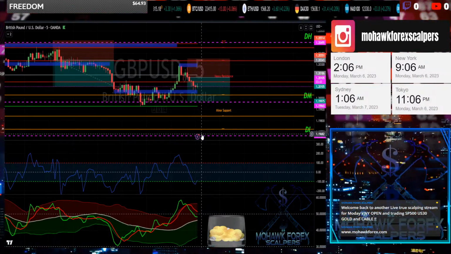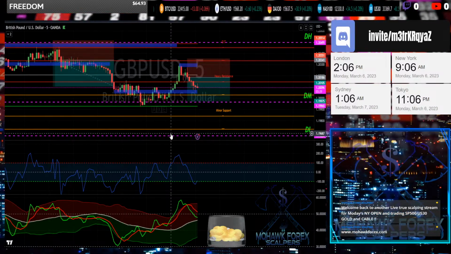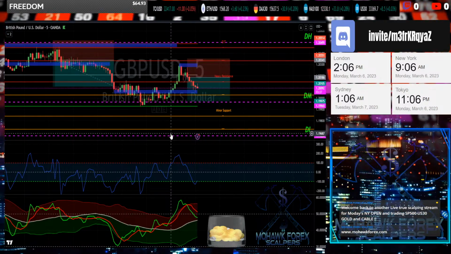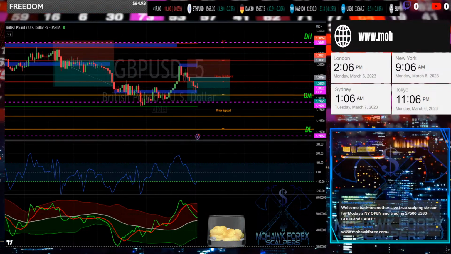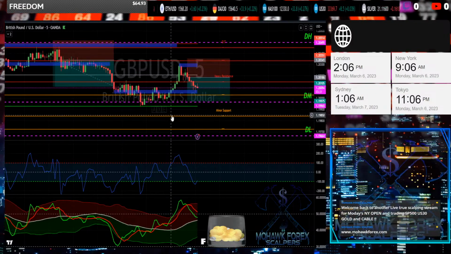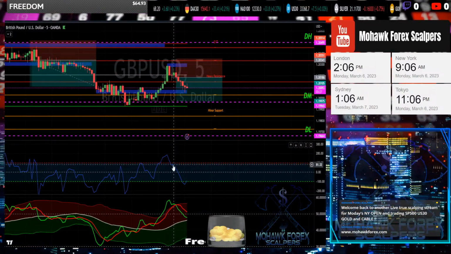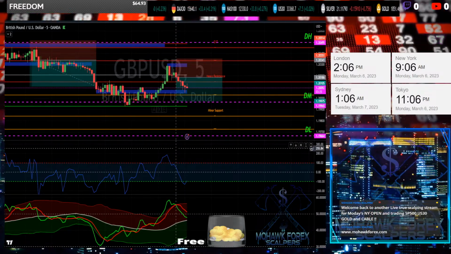We'll leave that running in the background, and that's following our Asian cable setup that we do on a daily basis, and we've got daily highs and mediums and daily lows in there as well to give us some idea. But once we know which direction we're trading in, and also our indicators line up with us, then we take the trade.